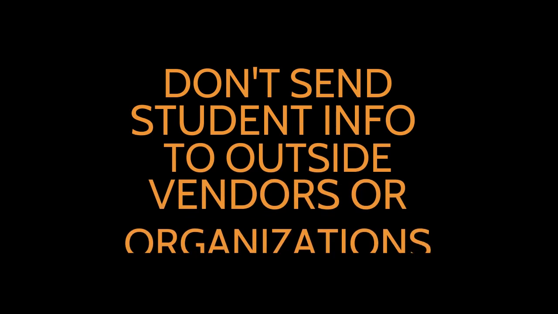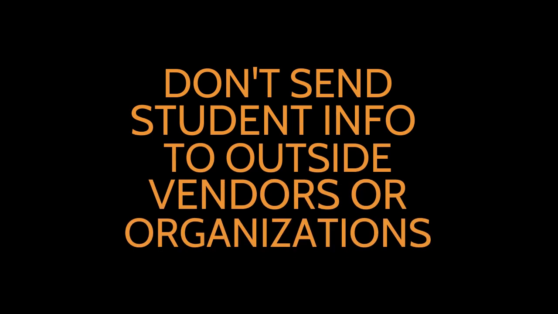For teachers and staff out there that maybe want to make sure that they're not running afoul of Ed Law 2D regulations, what are some look-fors and practices that they should keep in mind? Yeah, so a couple things, and a lot of us know this already, but I wouldn't send out anything that has student information, like a spreadsheet with student names or accounts, to anybody outside of the organization. That's a big one.